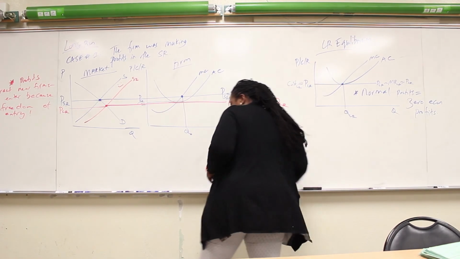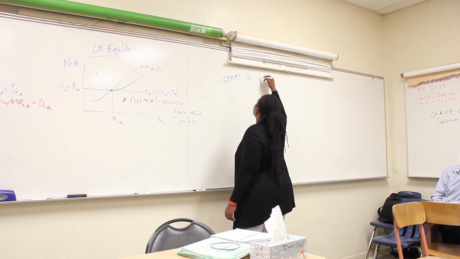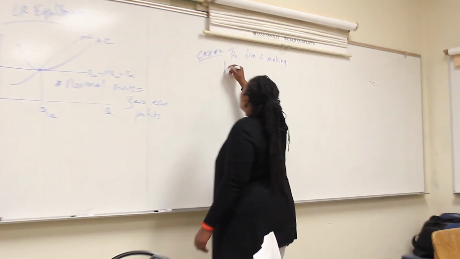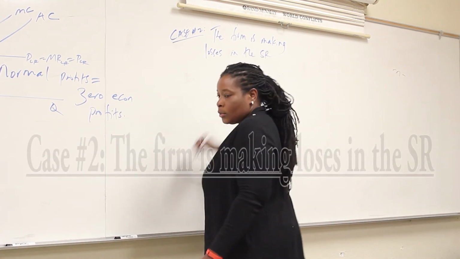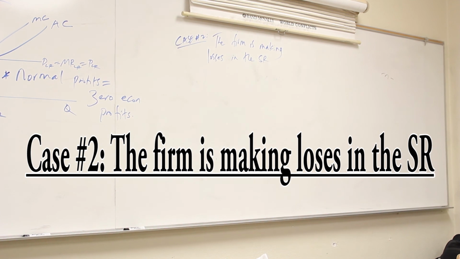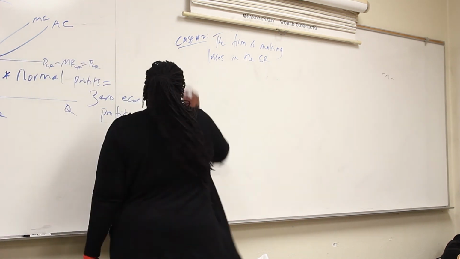This is where the firm is making losses in the short run, and we're going to watch this firm over time. Does it matter if we're staying open or shutting down? We're going to get into that story. So, let's set it up.